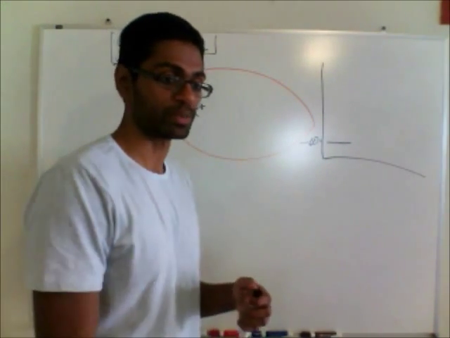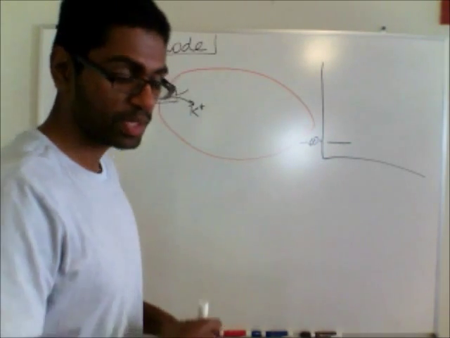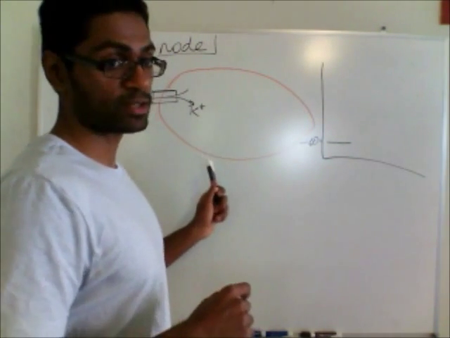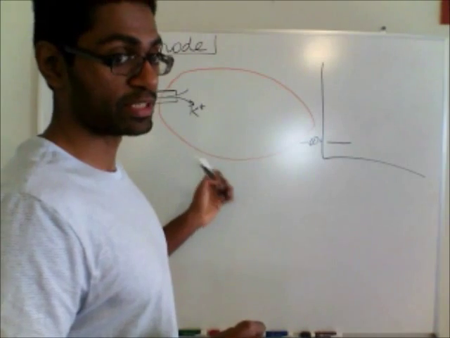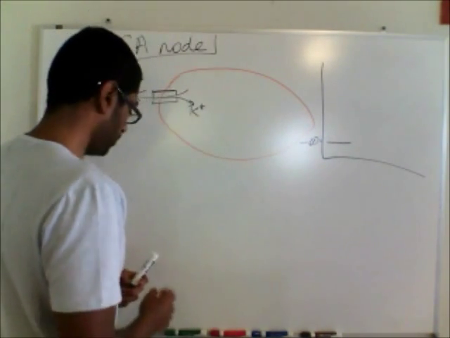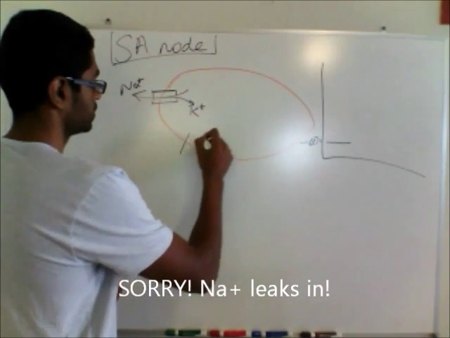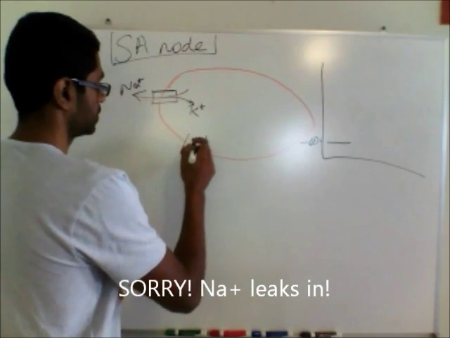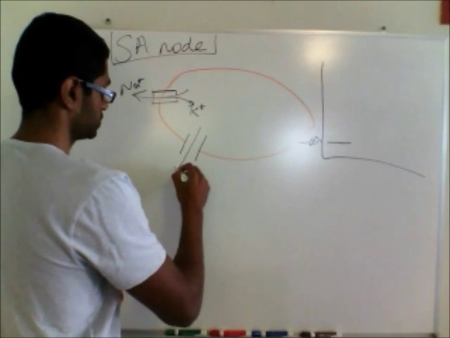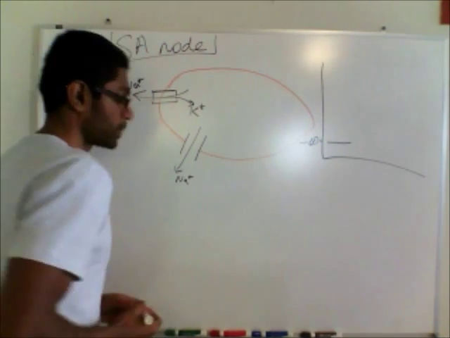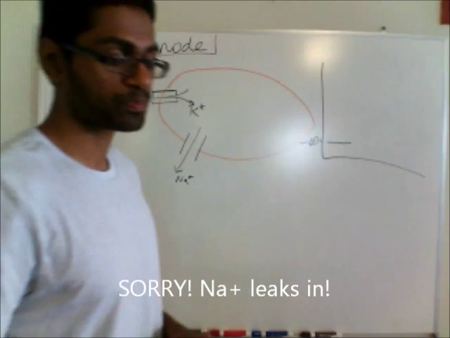Okay, this is really important to pay attention to. So, what's different in these cells? Okay, not only do they have potassium leaky channels, all right, but they also have sodium leaky channels. Okay.